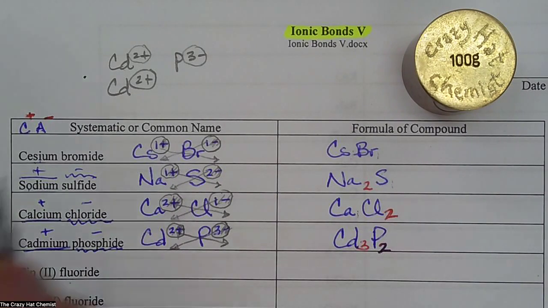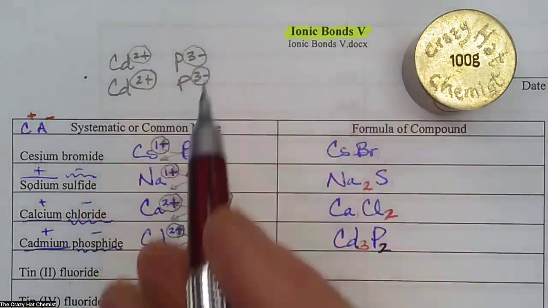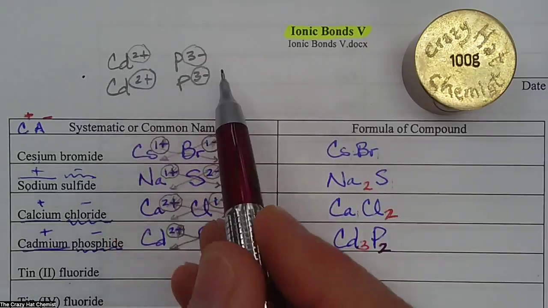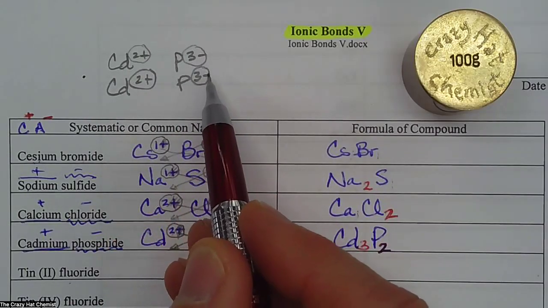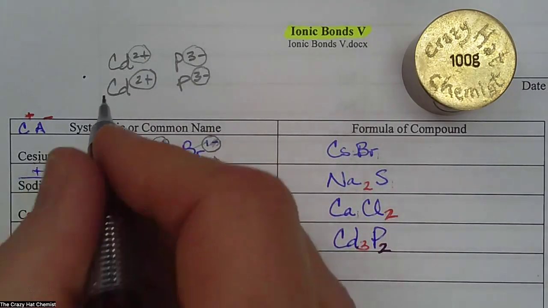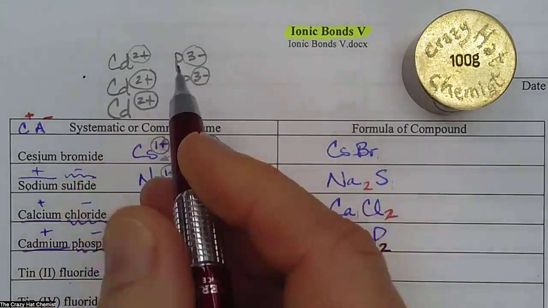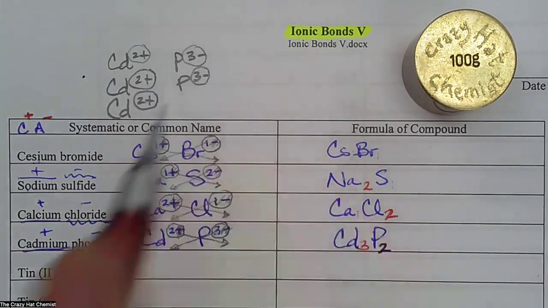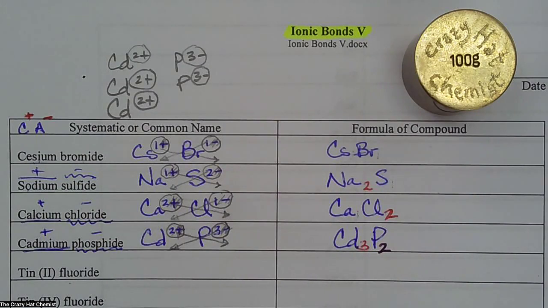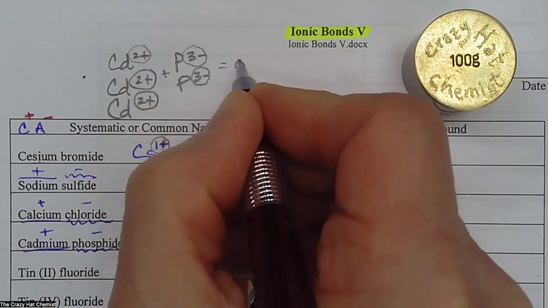So then I'm going to have to add another phosphide. So I'm going to add this up. That's a 4 plus, and this is a 6 minus. That will be a 2 minus when I sum these numbers up. So that does not work. So I'm going to have to add another 2 plus charge. Now I have a 6 plus and a 6 minus. That does add up to a net charge of 0.